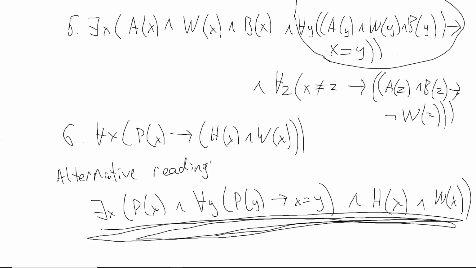All right. Number 7. The animal in Farmer Brown's field is not a horse. All right. So the animal. That means that there is an animal in Farmer Brown's field and there's only one of them, right? It says the animal. So there exists an X such that X is an animal and X is in Farmer Brown's field. And we need to make sure that there's only one of these animals.